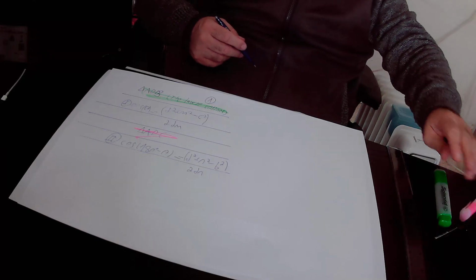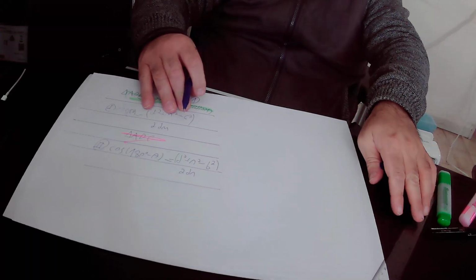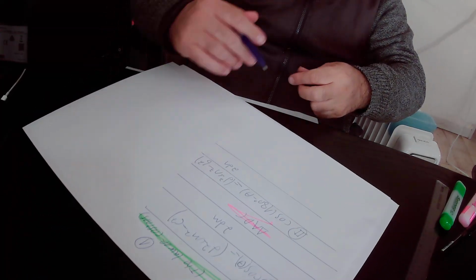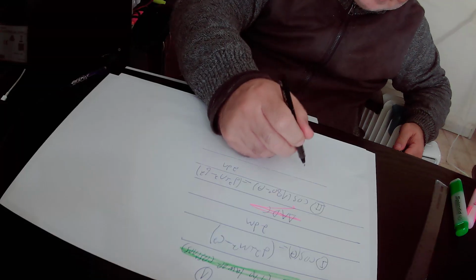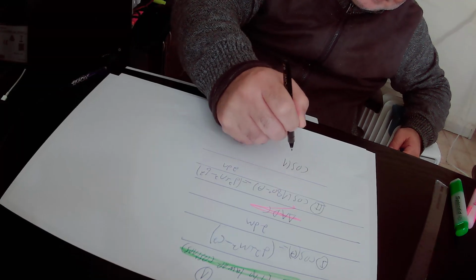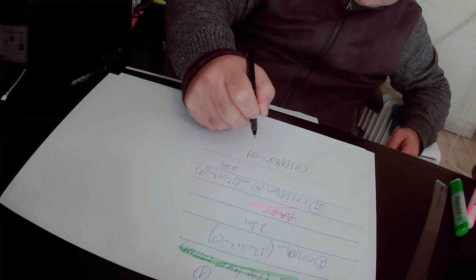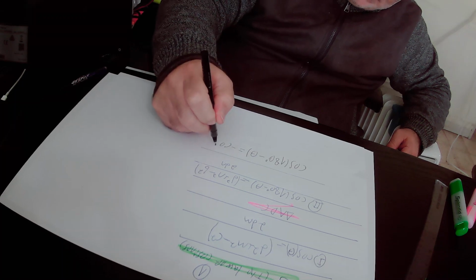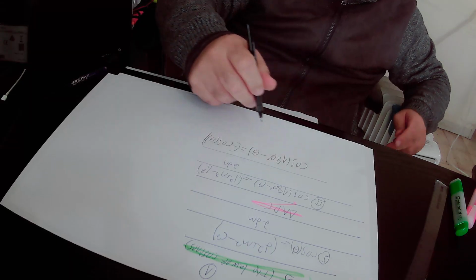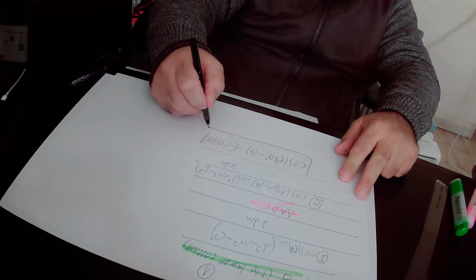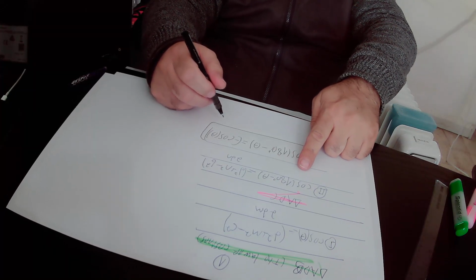Okay, we have the trigonometric identity that cosine 180 degrees minus theta equals minus cosine theta. So according to this trigonometric identity, we substitute cosine 180 degrees minus theta in this equation number 2 by minus cosine theta.